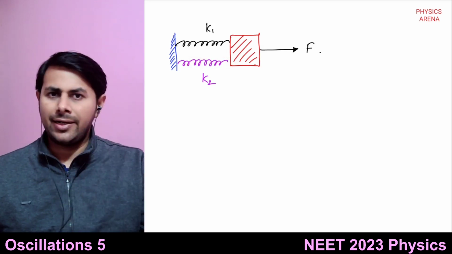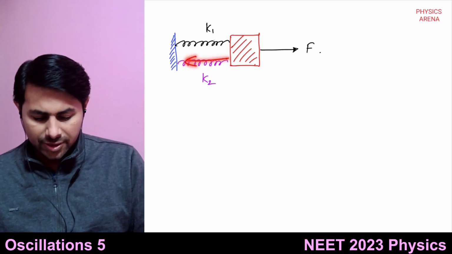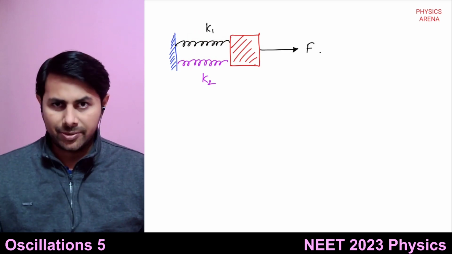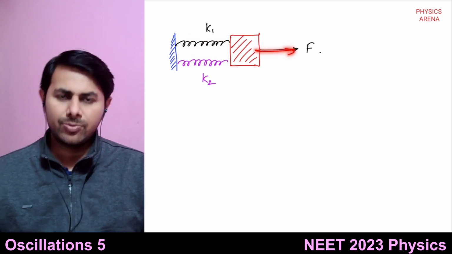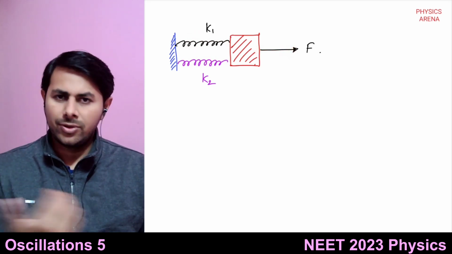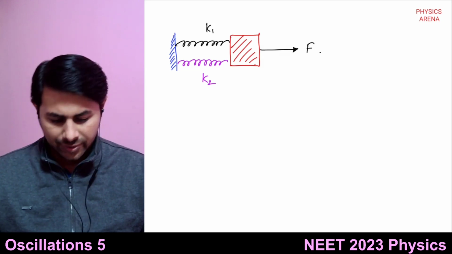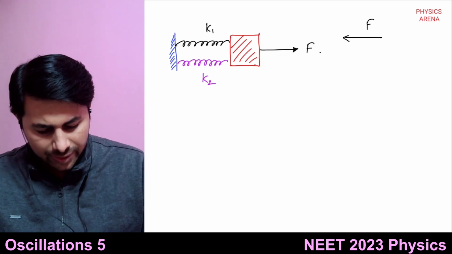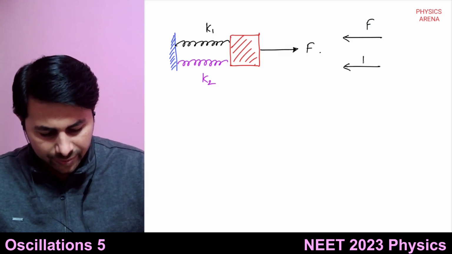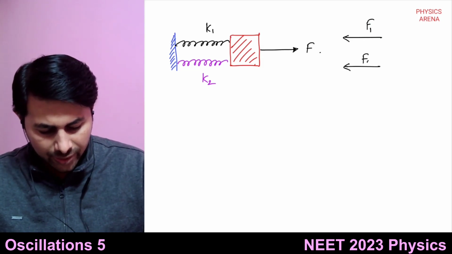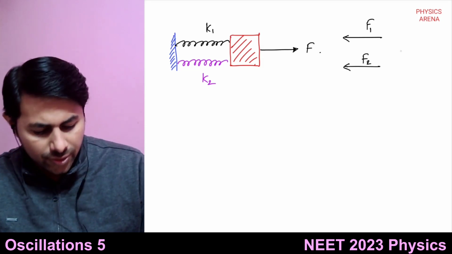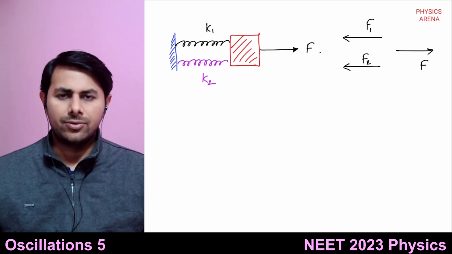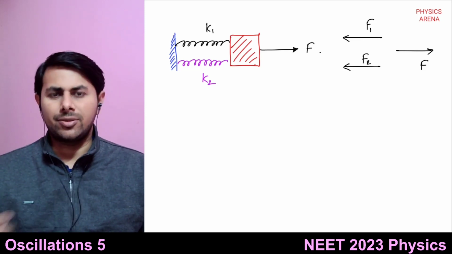When you apply an external force, both the springs are pulling the block towards left, and the external force is pulling towards right. There is some force in the first one and some force in the second one. Let's call it F1 and F2. Now in equilibrium condition, F1 plus F2 must be equal to what? The resultant force.